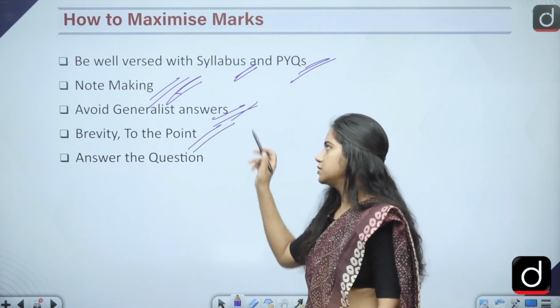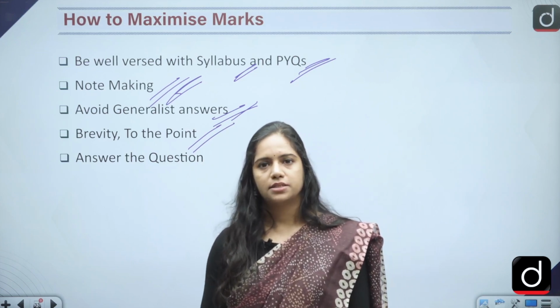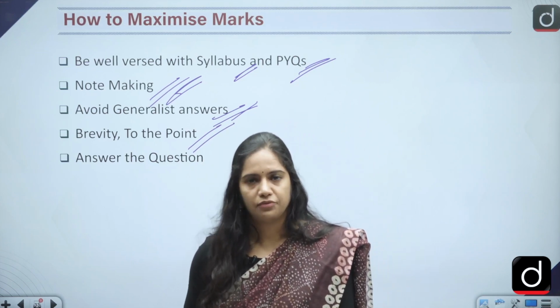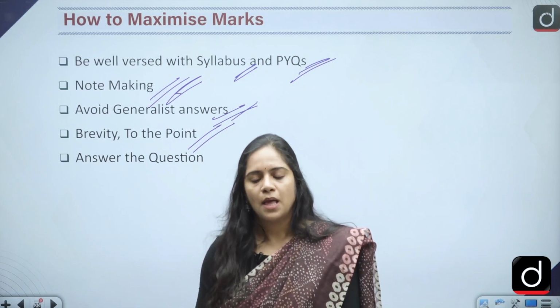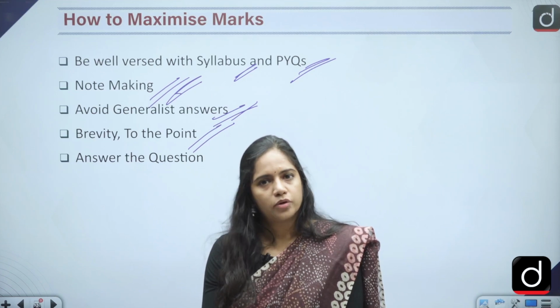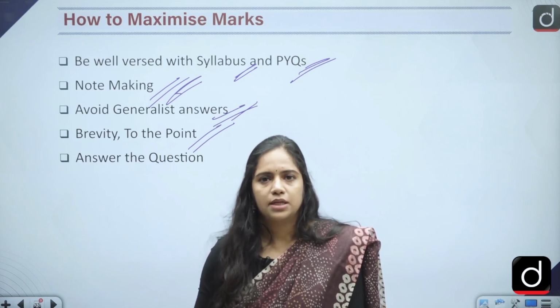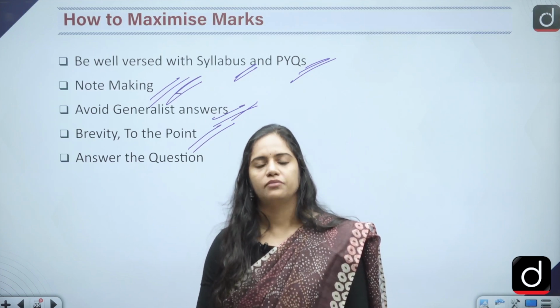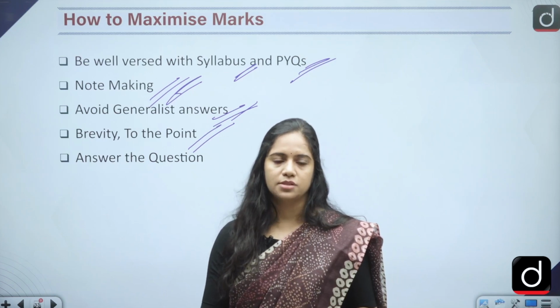Brevity, to the point. Do not write an answer beyond 150 words if it is in 150 words, or 200 words if it is of 200 words, because you would be penalized at two places for that. One, you would overrun the amount of time that was given to you to write that answer. Hence, you won't be able to complete the other questions.